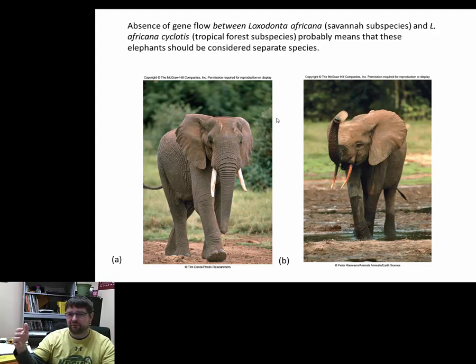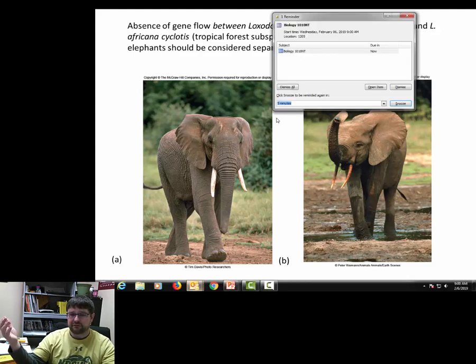Elephants normally wait probably 20-25 years before they become sexually mature, depending on the species or subspecies. And then they only have a calf maybe once every 5 to 10 years. So in an elephant's lifetime, even if they're super reproductively active, they might give birth to 4 or 5 calves in their entire life.